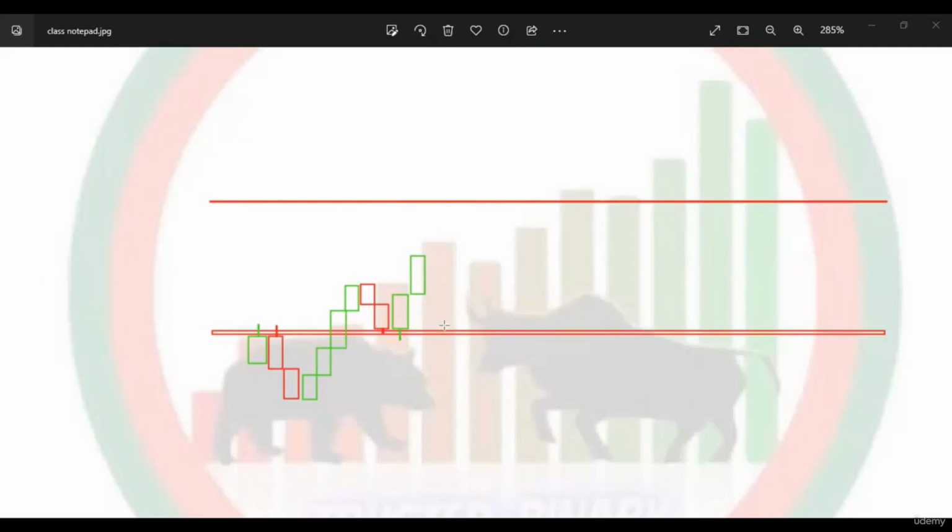So if we want to place any trade, definitely we have to place the trade when the market again reverts back to this area. Suppose it does not break this level, the market just goes up a little, and after that it again came back to the SNR level here.